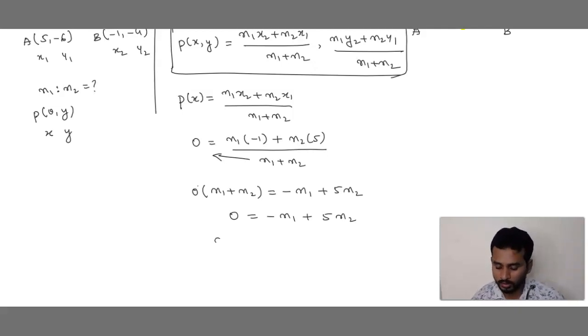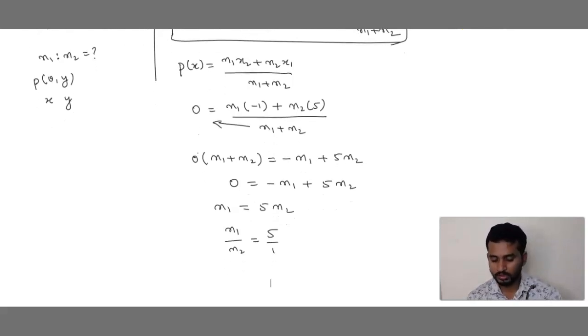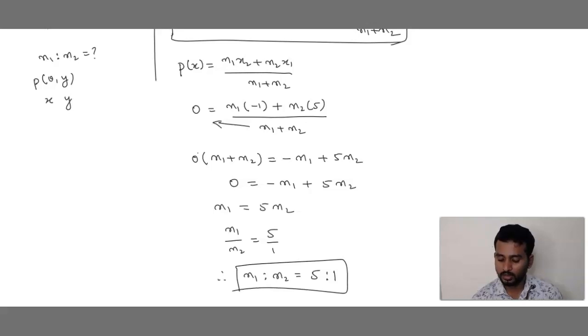Minus m1 comes this side, plus m1 is equal to 5m2. Now m1 by m2 is equal to 5, nothing is there in the denominator, 1. So m1 by m2 is 5 by 1. Therefore m1 is to m2 is equal to 5 is to 1. In what ratio does it divide? It divides in the ratio 5 is to 1. So we have solved the first question. Now the second question.